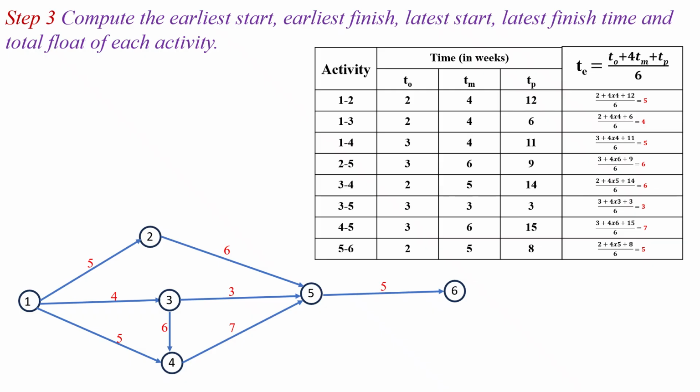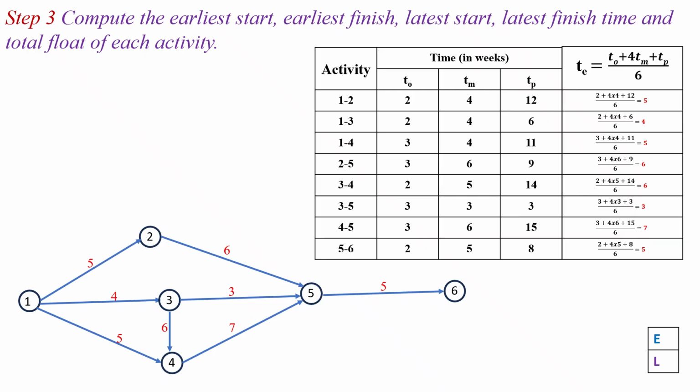Next step is calculate the earliest start, earliest finish, and also calculate the latest start time and latest finish time, and also determine the total float of each activity. Before that, we represent the expected time TE on each arrow of the respective activity.